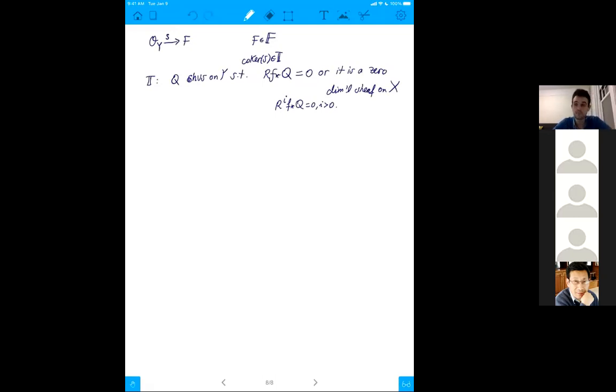So I'm a bit confused. By your notation, I think that you want to construct a torsion pair, but I would like to understand on what abelian category. Because stable pairs, yeah. So this is a sheaf.